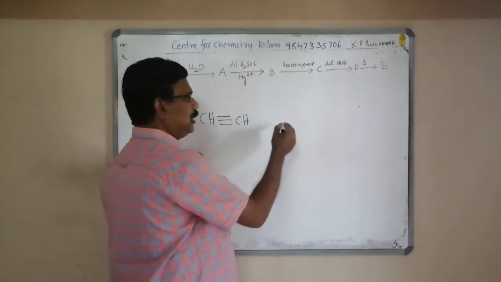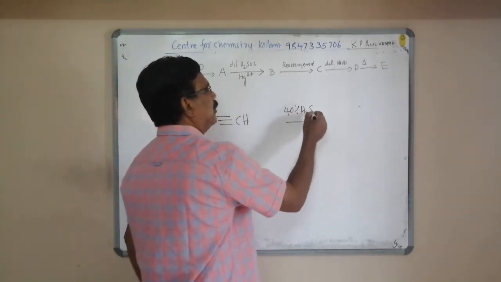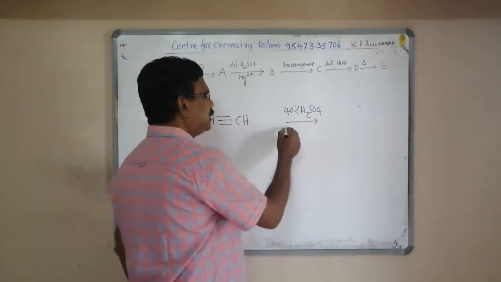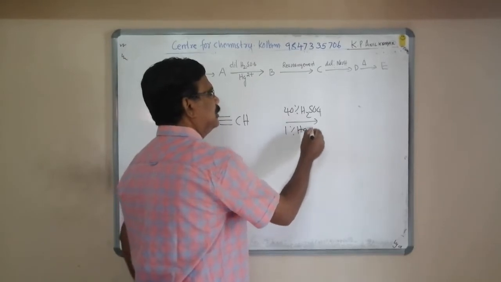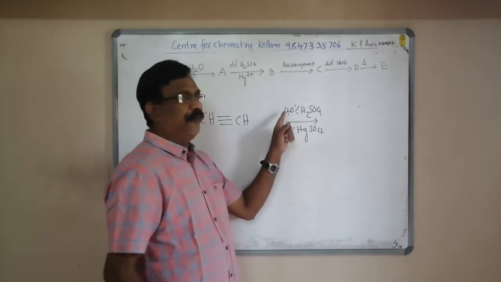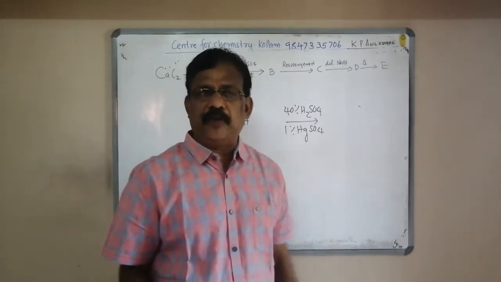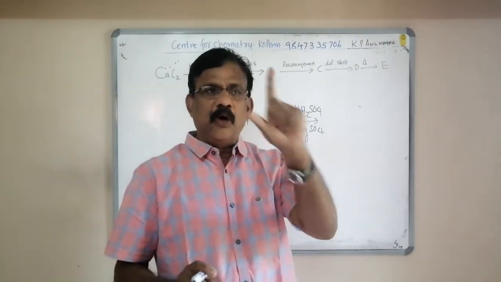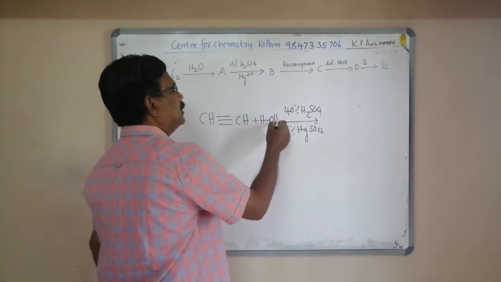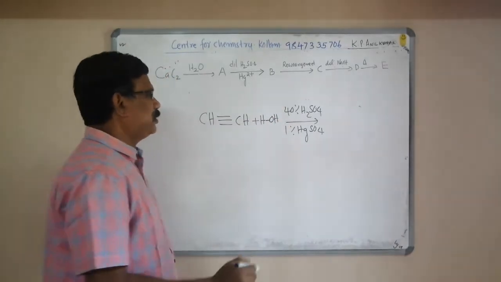On treating with 40% sulfuric acid, dilute sulfuric acid, and 1% mercuric sulfate, all alkynes add a molecule of water, H2O, and the first product B is produced.